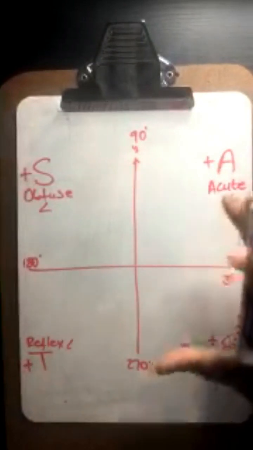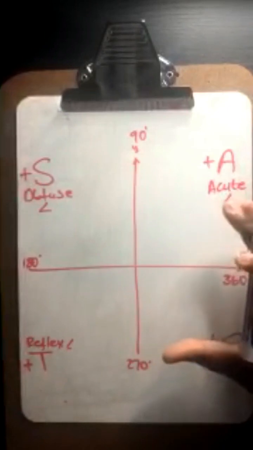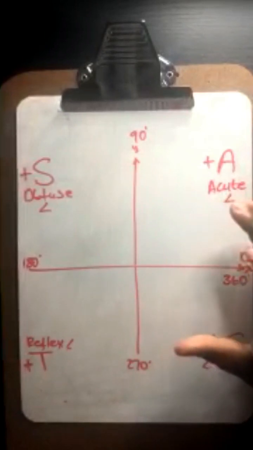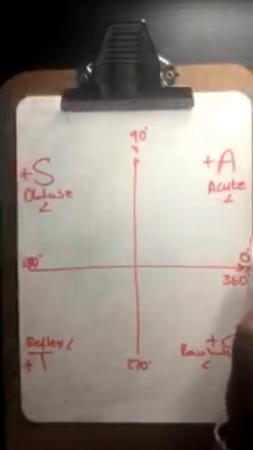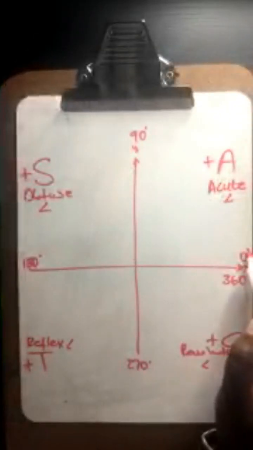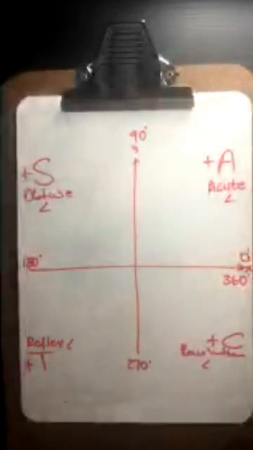This is the only thing that you need in order to work out those types of problems that I've indicated. But most importantly, guys, in the first quadrant you have angles which are between 0 and 90. Those are what we call acute angles. Obtuse, reflex, revolution. Let's leave it there for now.